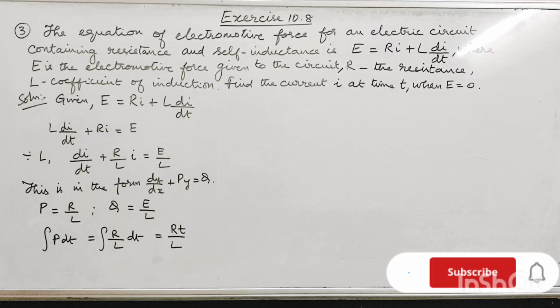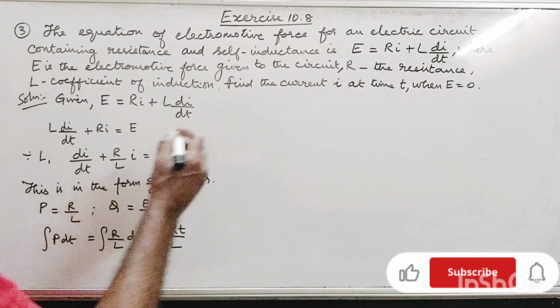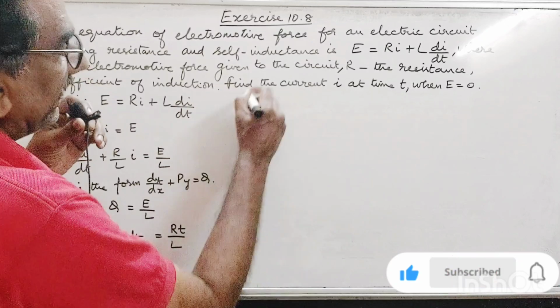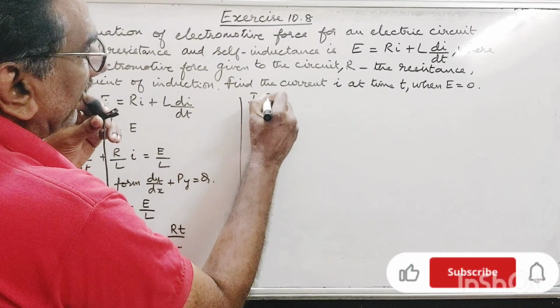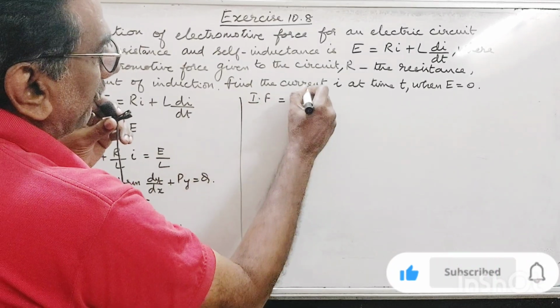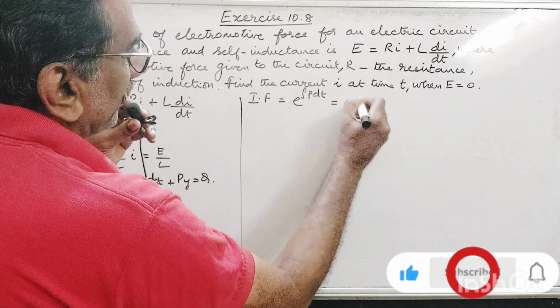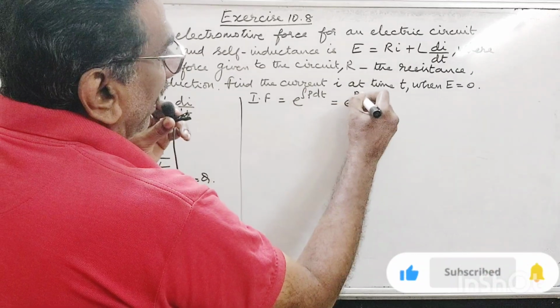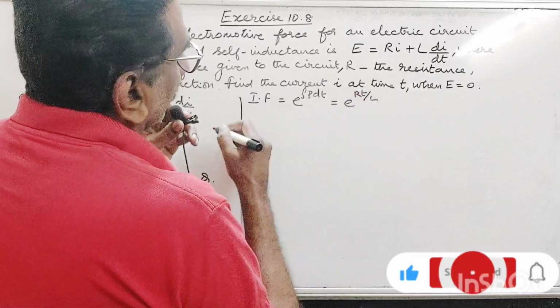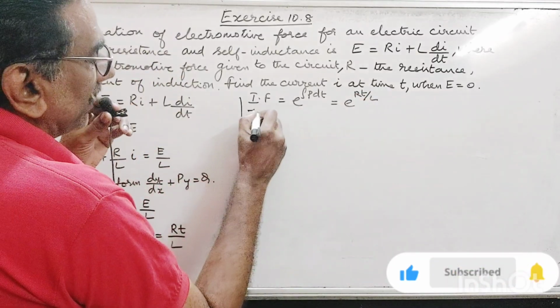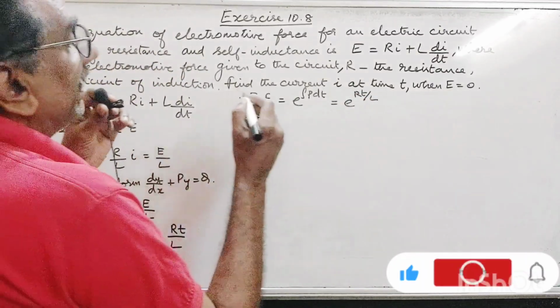So Rt by L. This is the integral of P dt. Now what is the integrating factor? Integrating factor is e power integral P dt, which is e power Rt divided by L. So once we find the integrating factor, we go straight to the solution.